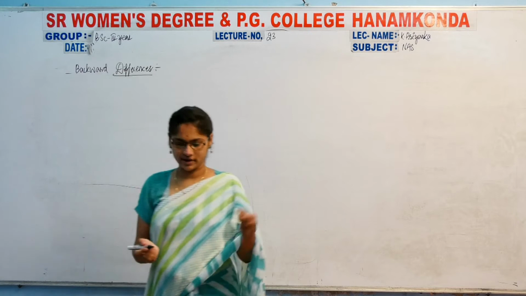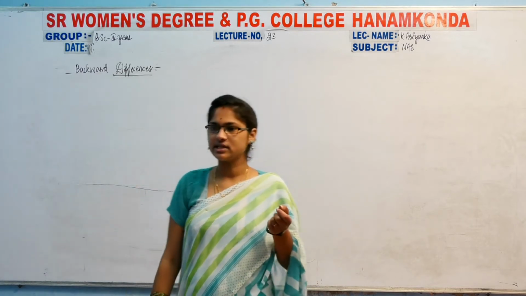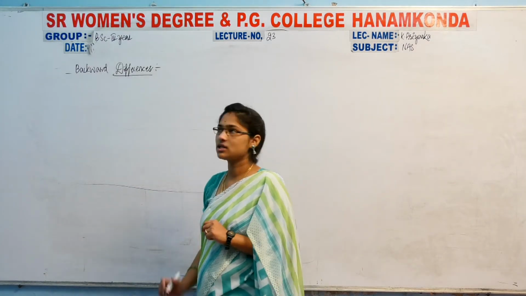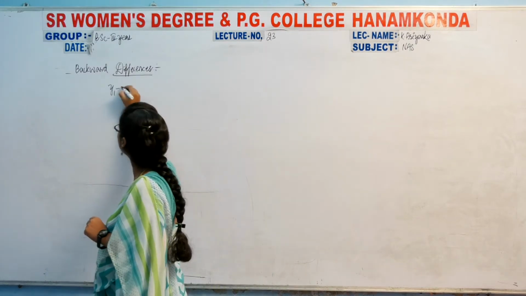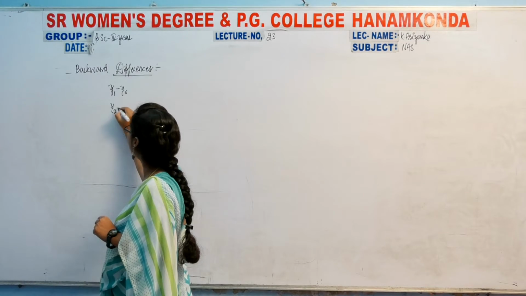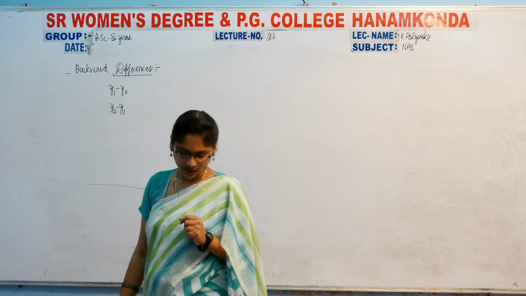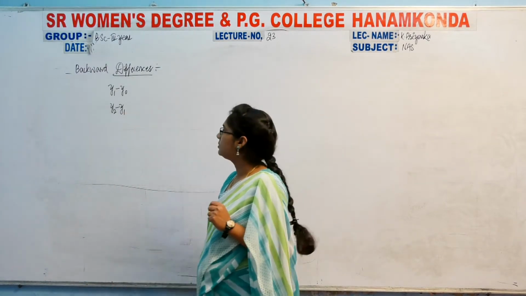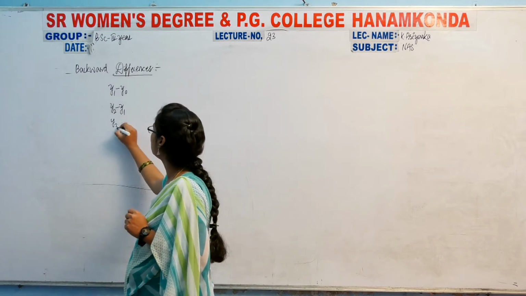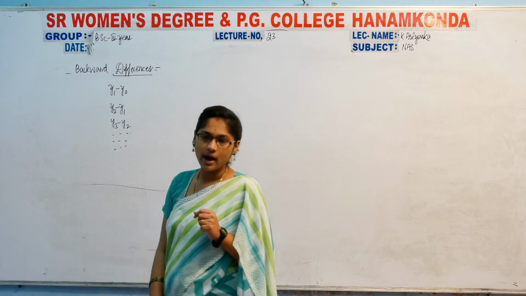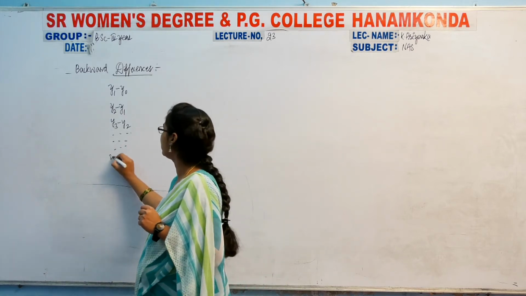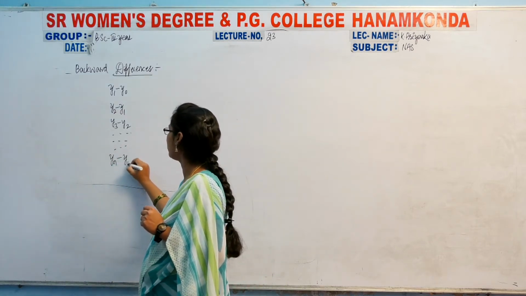In backward differences, simply write down the differences y1 minus y0, y2 minus y1, y3 minus y2, and so on, up to yn minus yn minus 1.